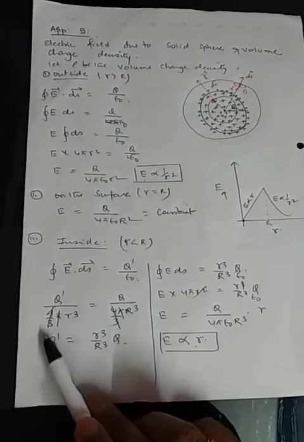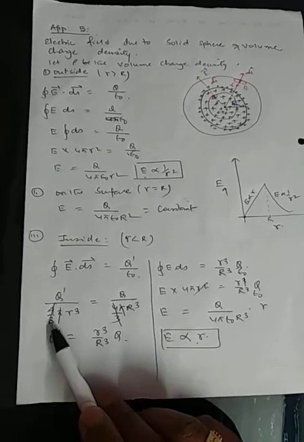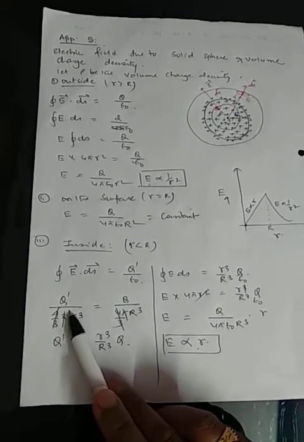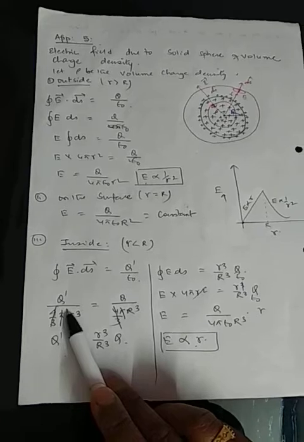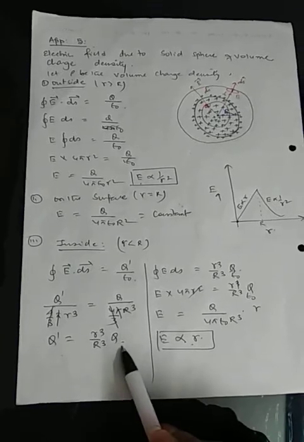So q dash by 4 by 3 pi small r cube, q dash is the charge enclosed, and the denominator is representing the volume of the Gaussian surface. Q, the total charge, divided by the volume of the sphere, 4 by 3 pi capital R cube. So this is representing the density of the smaller sphere and the density of the bigger sphere. Simplifying, we get q dash is equal to r cube by R cube times Q.